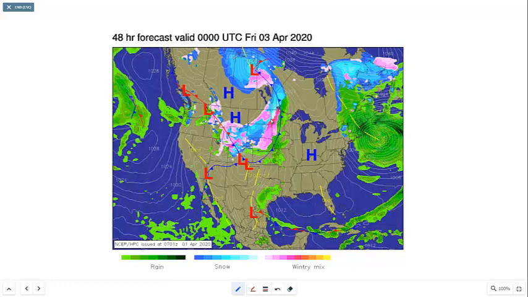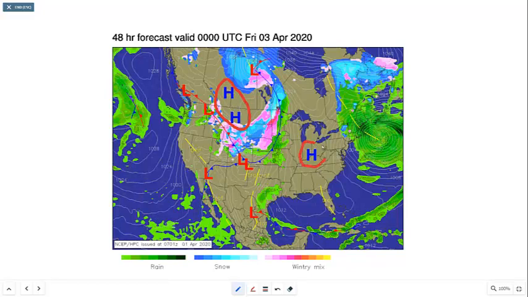But what I want to get to, on the surface map, we have high pressure, low pressure, low pressure. So what's what? Well, this high pressure system up here is going to be thermal. So that's a broad area of cold air near the surface.